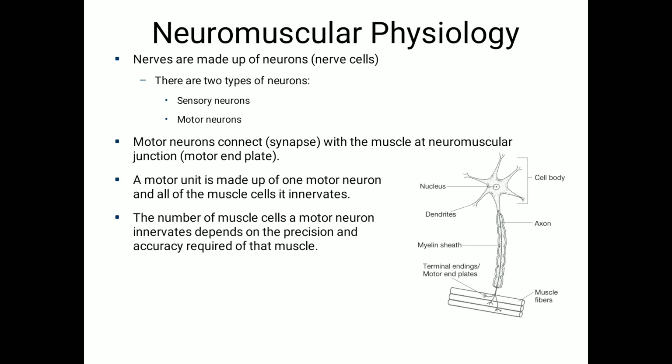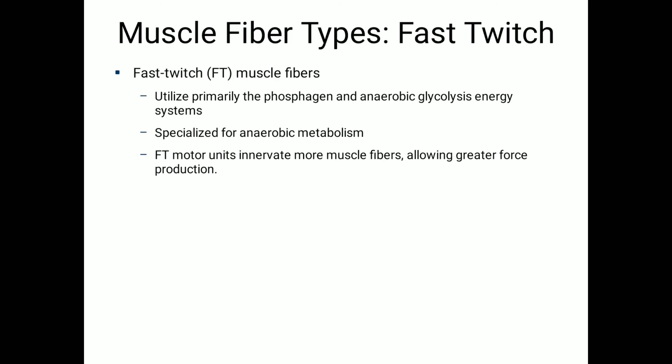So there are two types of muscle fibers in the skeletal muscles, and what are the roles of these two types of muscle fibers, and which type of exercise does each suit? Fast twitch muscle fibers generally utilize primarily the creatine phosphate pathway and the anaerobic glycolysis energy system.